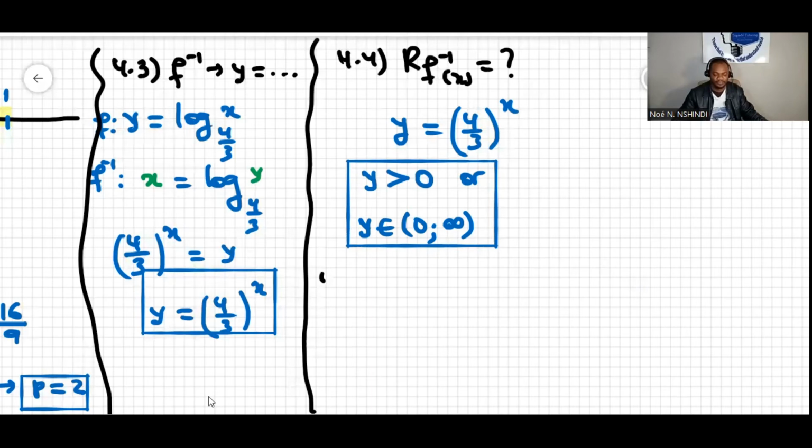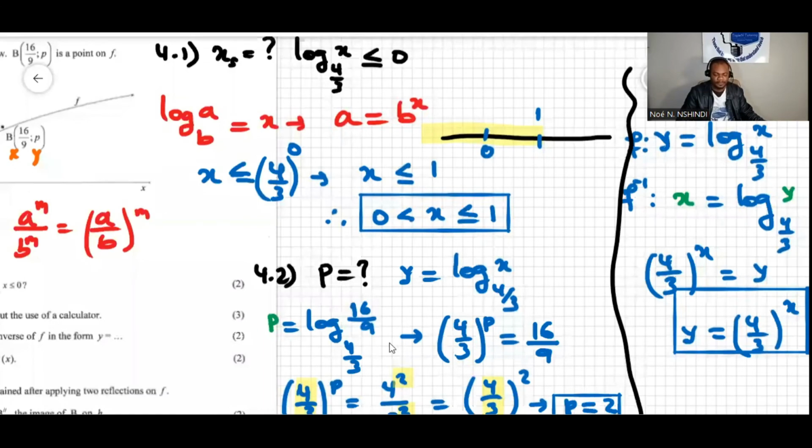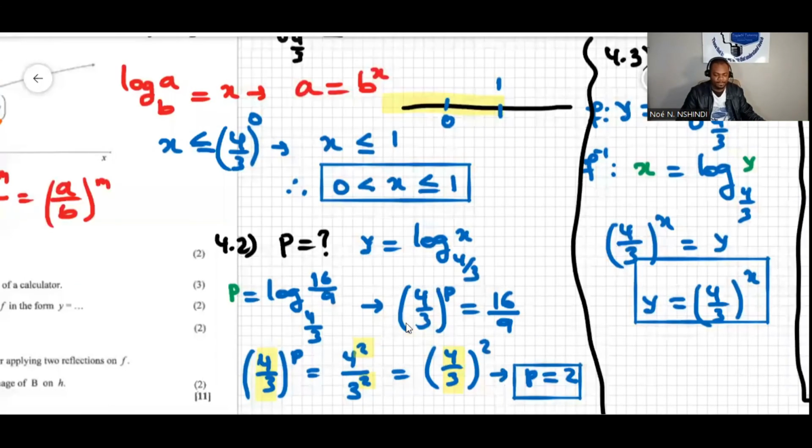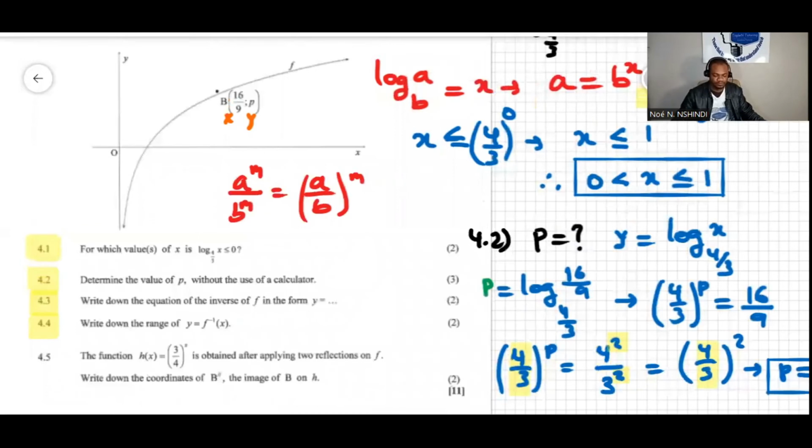And then we have another question, question 4.5. The question says that the function h of x equal to 3/4 to the power of x is obtained after applying 2 reflections on f.